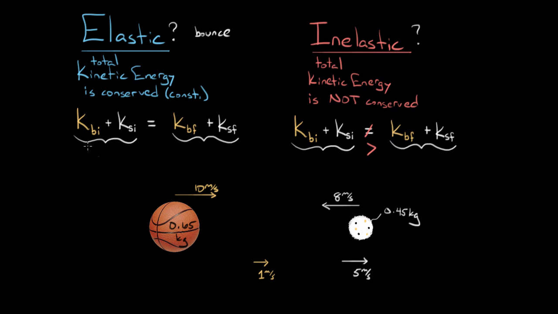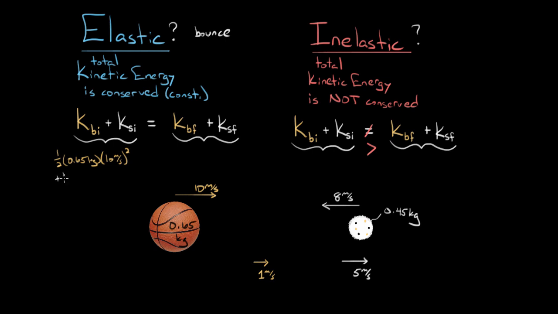So I can use the formula for kinetic energy, which is 1/2 mv squared, and I can find what is the initial kinetic energy of the basketball. It'd be 1/2 mass of the basketball times the initial speed of the basketball, which was 10. So I'm using initial speeds here because I want to find the initial kinetic energy. And then I have to add to that, because I want the total kinetic energy, the initial kinetic energy of the scoop of ice cream.